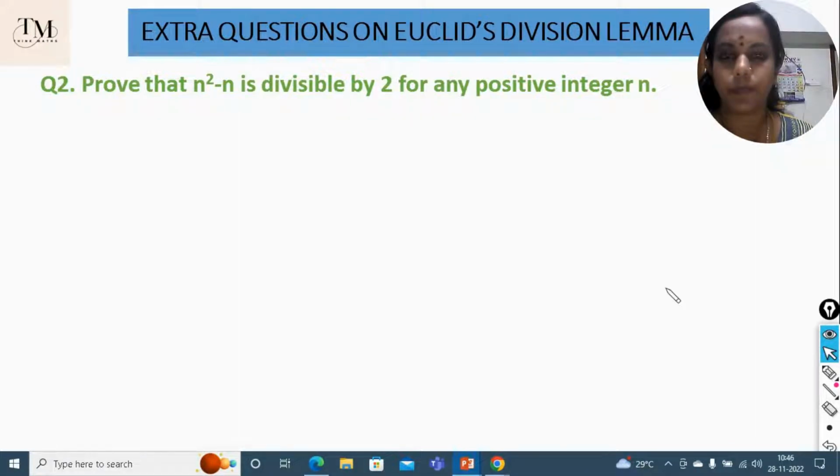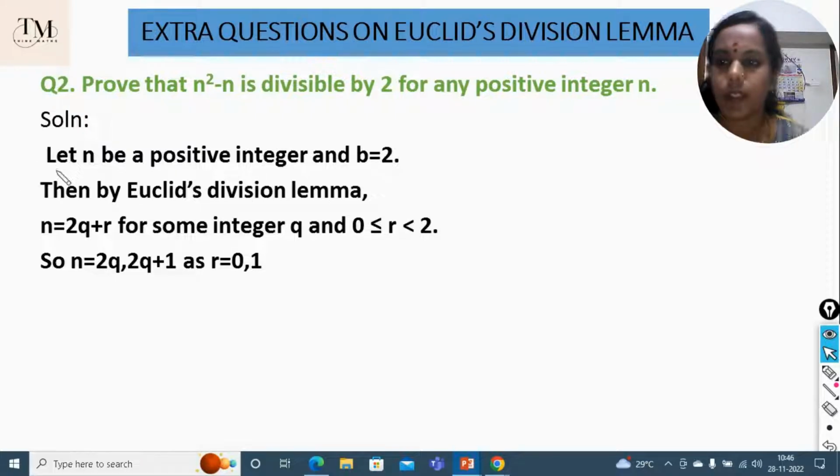As usual, let n be a positive integer and b equal to 2. Then by Euclid's division lemma, n is equal to 2q plus r for some integer q, where r is greater than or equal to 0 and less than 2. So r takes the values 0 and 1.